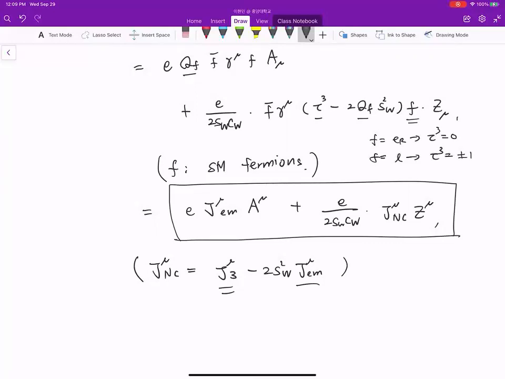Okay, so for the lepton doublet, for the neutrino plus 1, for the electron minus 1, in this way.